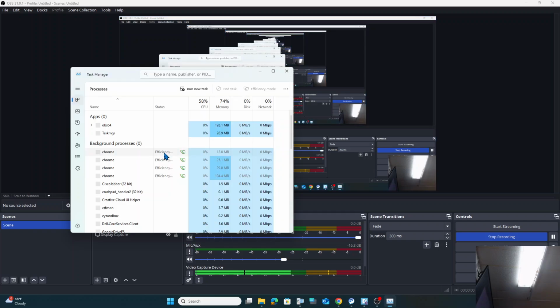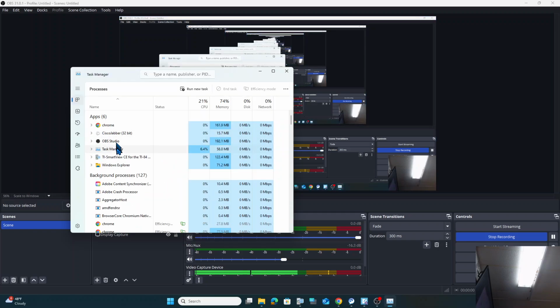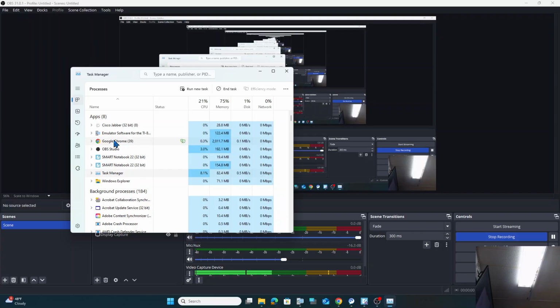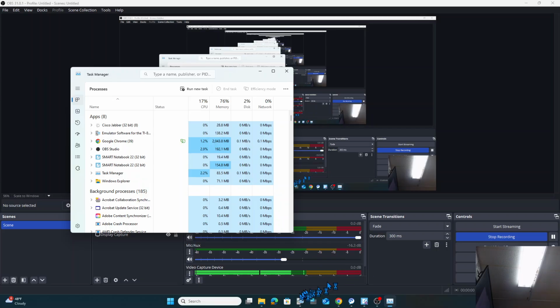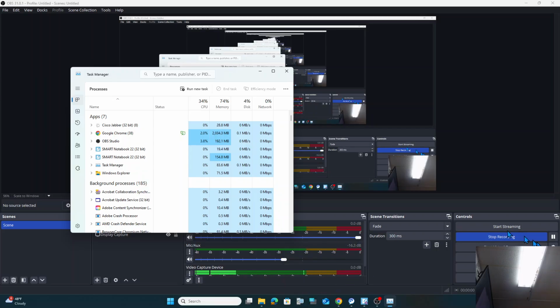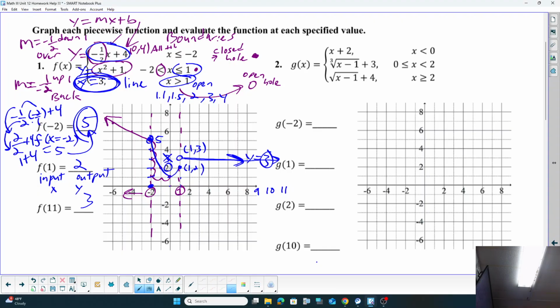This is lame. Maybe we'll turn off the calculator, because maybe the calculator is fried now. I'm going to try to end task, because I think the calculator might be messing things up. Yep, that's what it was. Calculator just fried its brain, graphing piecewise, just like your brains.